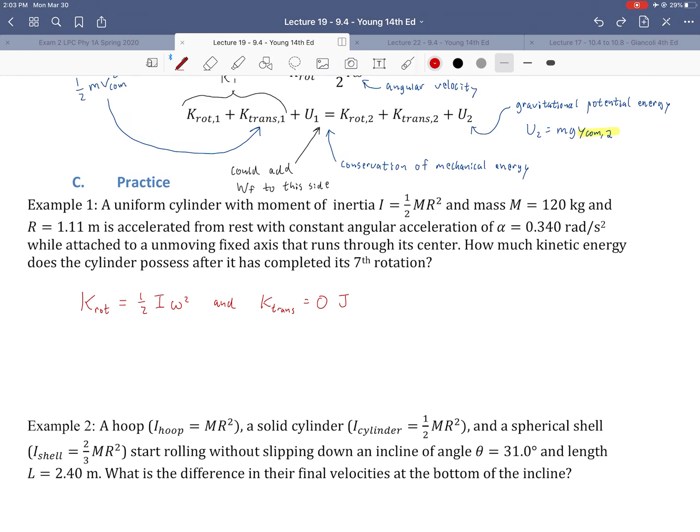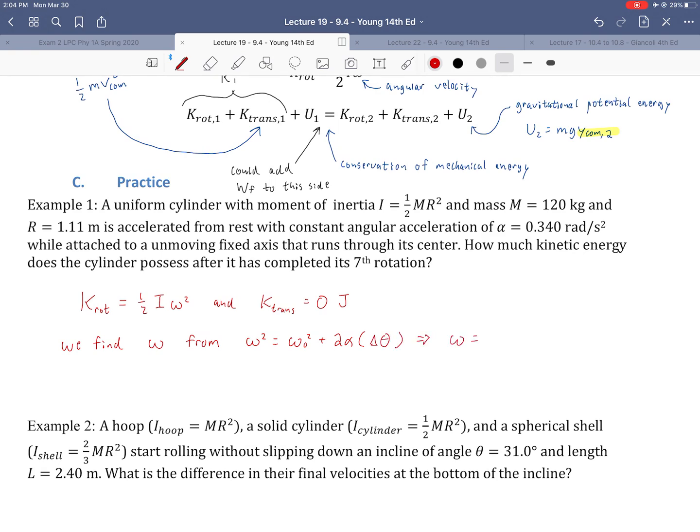Now, let's then find omega. Because we're given alpha, and we're given a displacement, but we don't have omega. Well, that means we need to use a kinematic equation that's going to give us omega final given an acceleration and a displacement. And so we find omega from omega squared equals omega naught squared plus 2 alpha times delta theta.